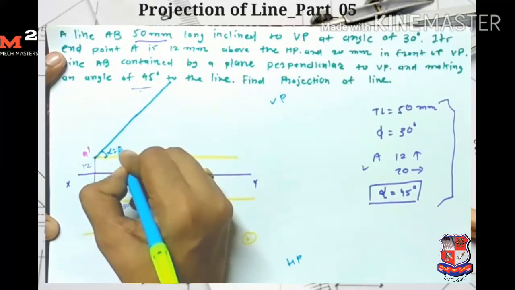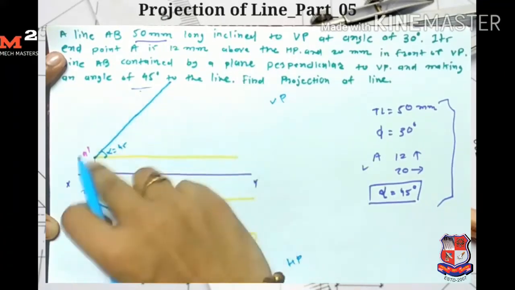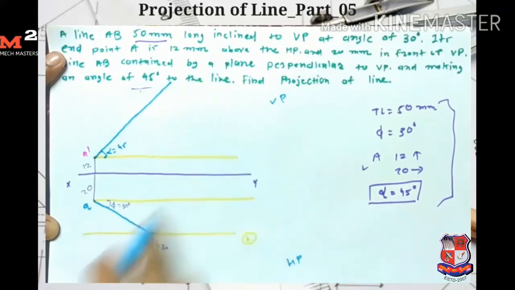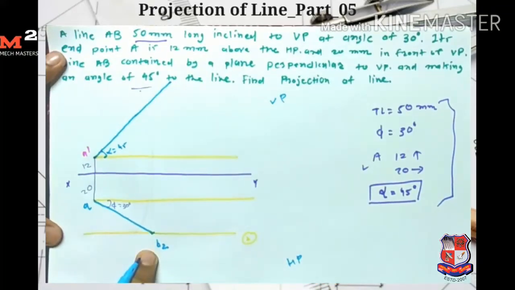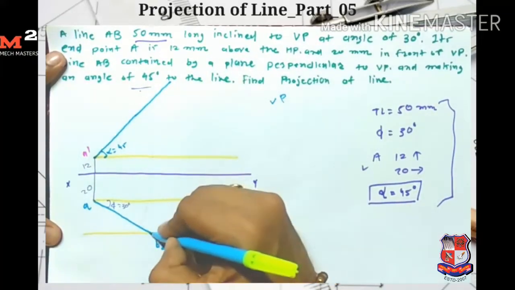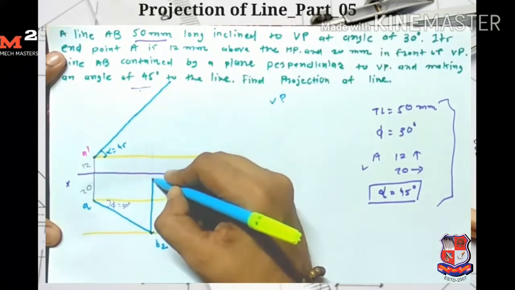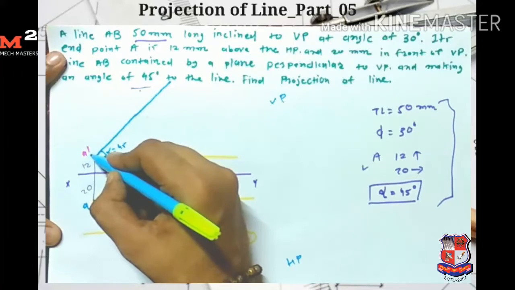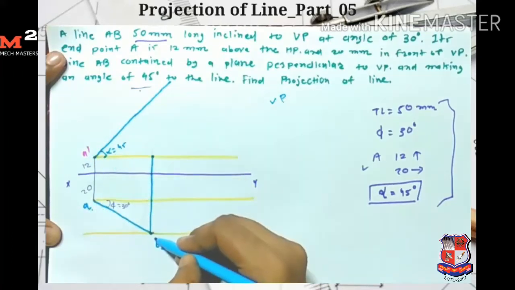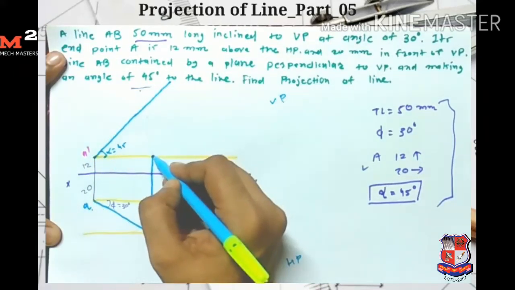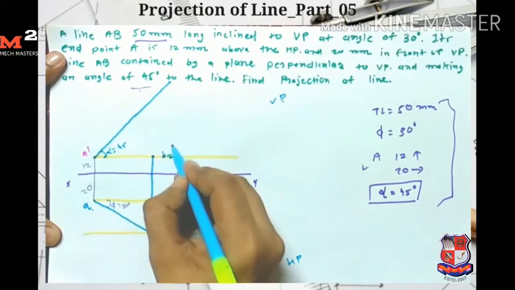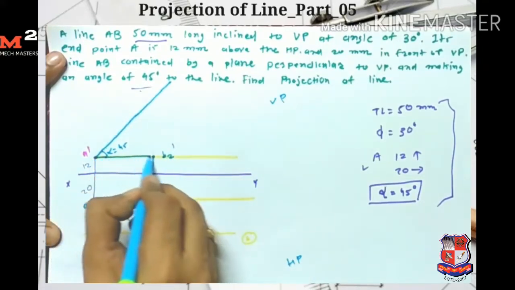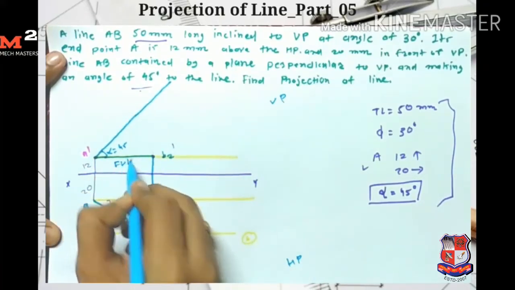Now from this true length I draw the projection here, because we get the projection of A dash here. I take the projection of B2 up to the locus of A dash, so here I get my point B2 dash. This is my final front view length.